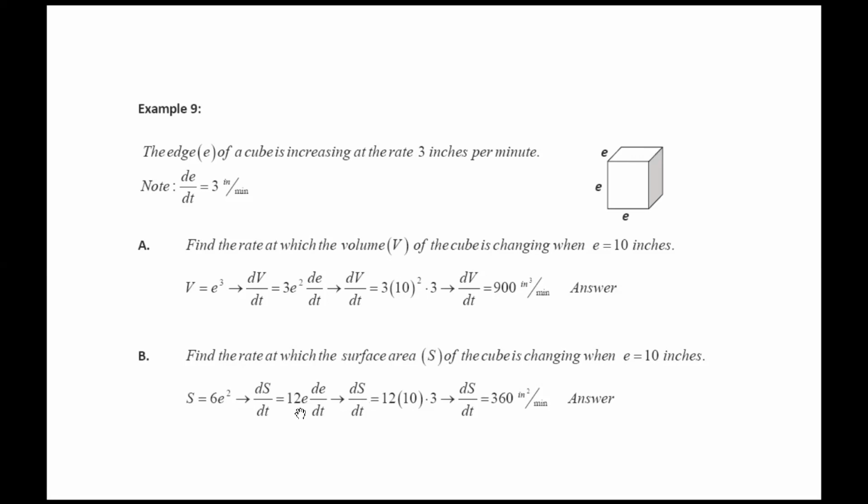And now we simply put in 10 inches here, and dE/dt is the same 3. So we do the arithmetic. We come up with 360 square inches per minute. And you're done with this particular problem.